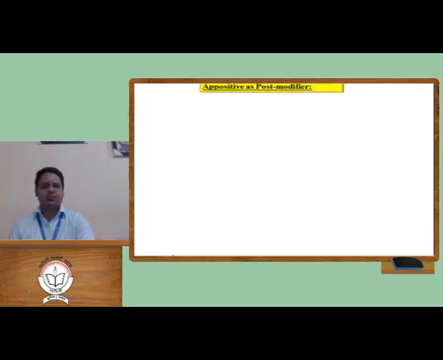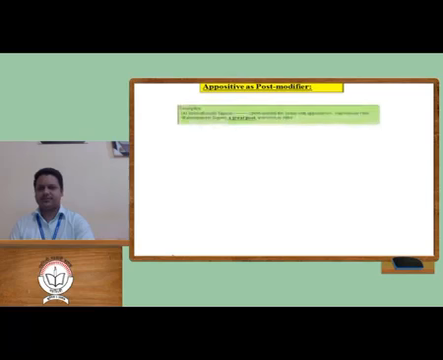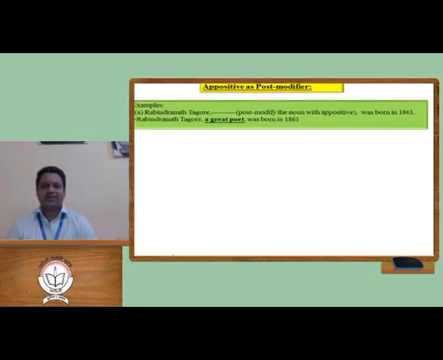Appositive as post modifier. Now we will see the uses of appositive as post modifier. Examples. First example: Rabindranath Tagore, post modify the noun with appositive, was born in 1861.